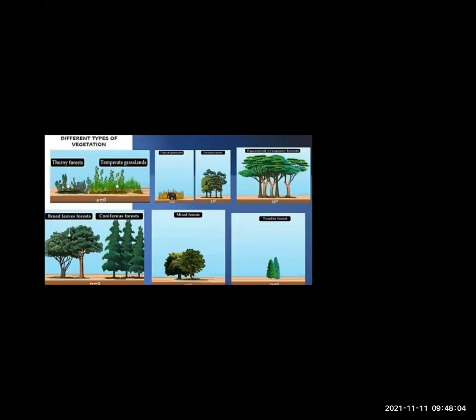If we consider the region from the equator to the poles as per the temperature zones, we find the following types of natural vegetation: equatorial evergreen, tropical grassland, thorny shrubs, temperate grassland, mixed forest, broad-leaved, coniferous, and tundra.